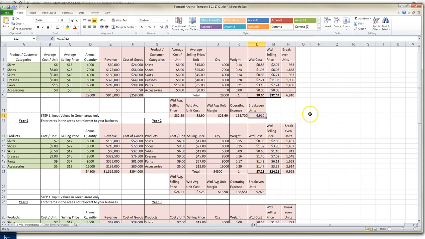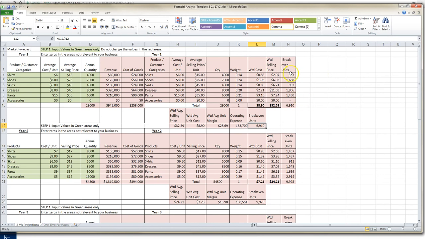I've then taken this number and distributed it across the various product lines using these same weighted numbers. So you can see that we take the break-even units multiplied by the weighting for the number of shirts being sold out of our total quantity of product.